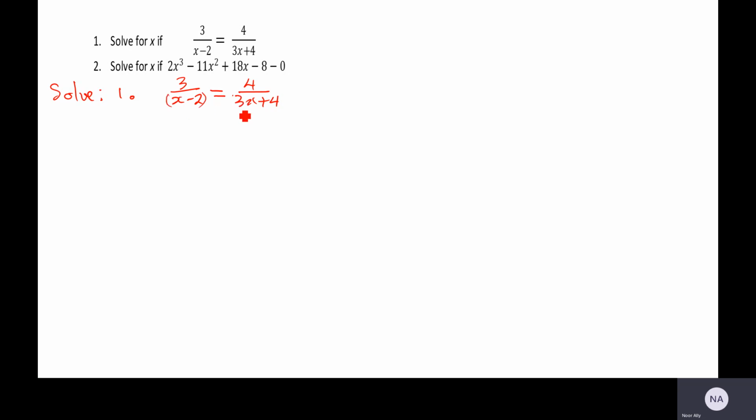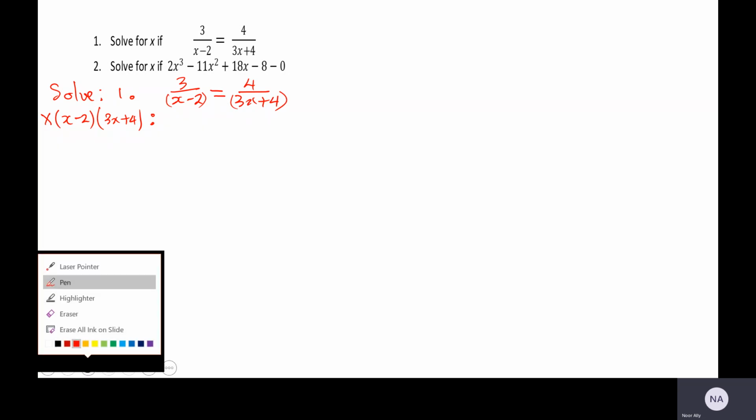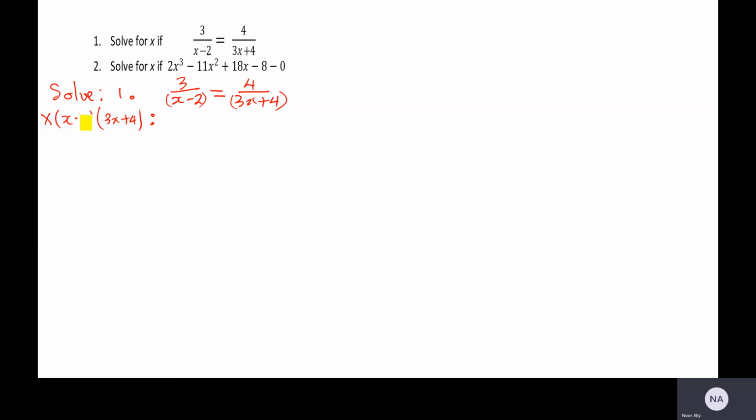So you identify the LCD, there's nothing to factorize in the denominators, multiply by my LCD, x minus 2, 3x plus 4.